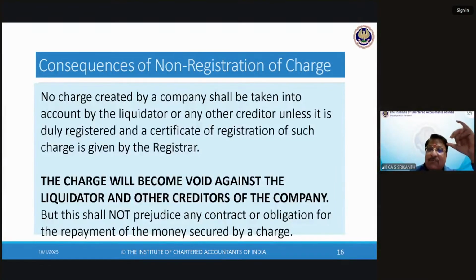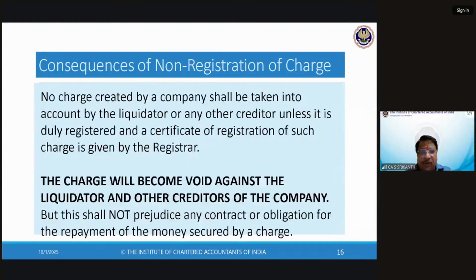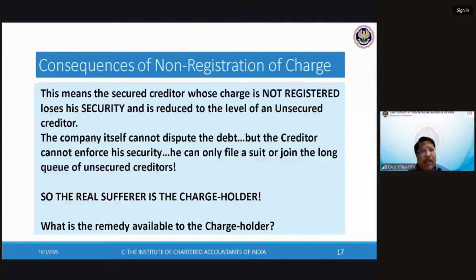If you can remember this sentence, it will be nice. If they ask you a specific question and you write this sentence, believe me, you get maximum marks, because the examiner will wonder how this person knows. The charge will become void, and then you can explain how that happens.